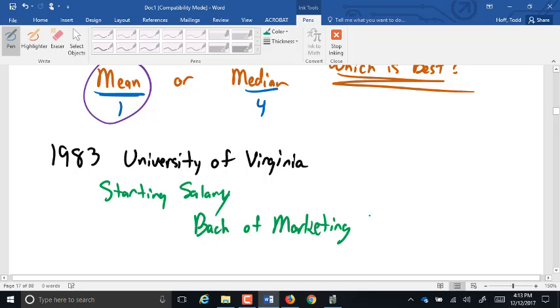Do we have any students here that plan on going into the marketing program? A couple? Okay. Well, then this will be really interesting to you. The average starting salary for one of the graduates in 1983 in their bachelor's of marketing program was just over $78,000 per year.